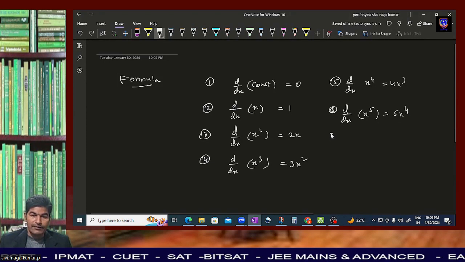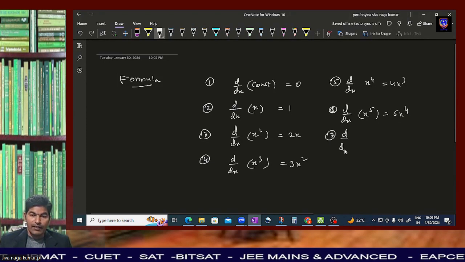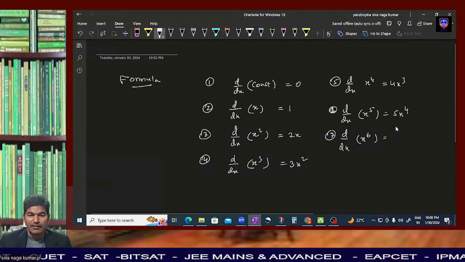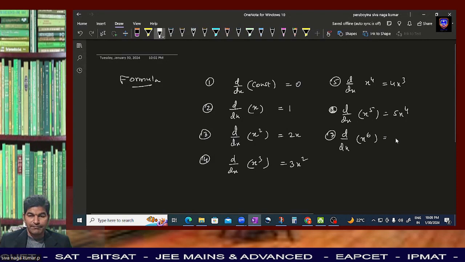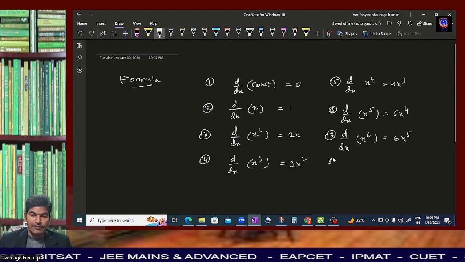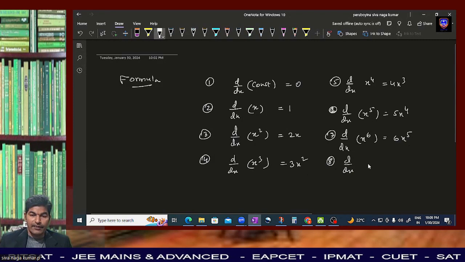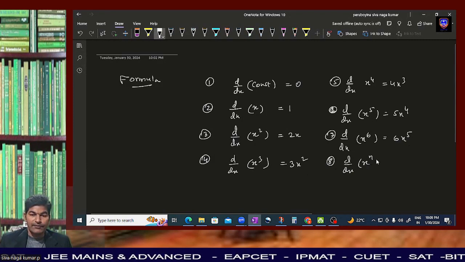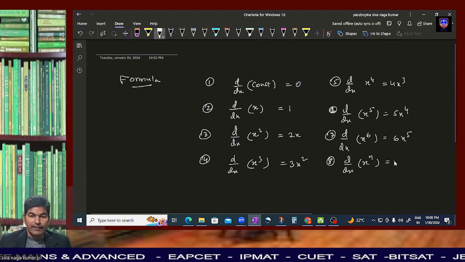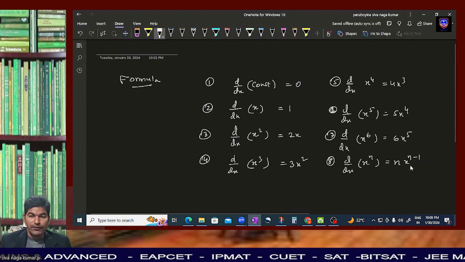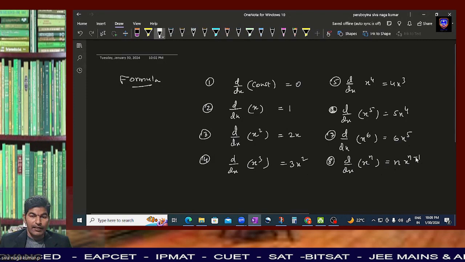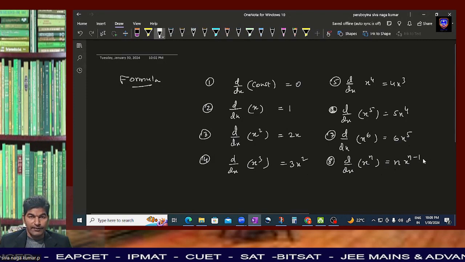In the same way, we learn these results up to x power 6 only, not more than that needed. So 6 into x power 5. In general, I am generalizing this formula with x power n. So x power n derivative is n into x power n minus 1. So n becomes the coefficient and the power is decreased by 1 unit.